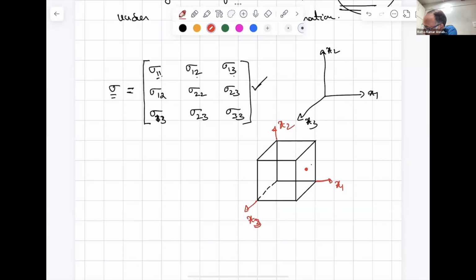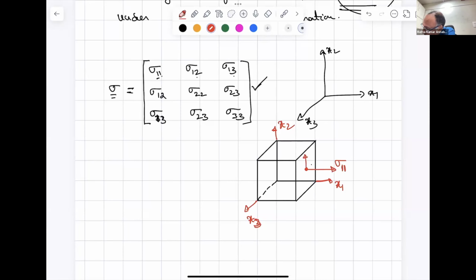Then the traction vector on this surface, this component is sigma, the normal to the surface is the x1 axis, and this quantity is in the direction of the x1 axis. So this is sigma 11.